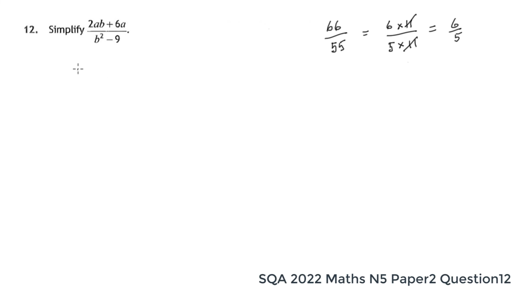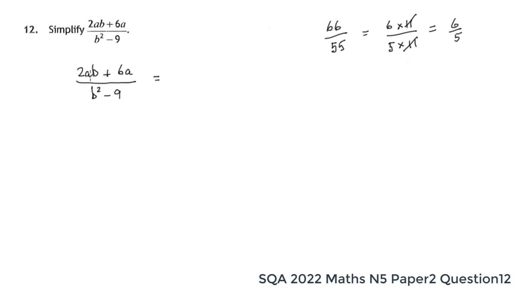Now we do exactly the same for algebraic fractions. We look for factors in the numerator, top expression, and factors in the bottom expression, the denominator. And in the top expression, we'll notice that there's a common factor of 2, and of course 2 goes into 6.